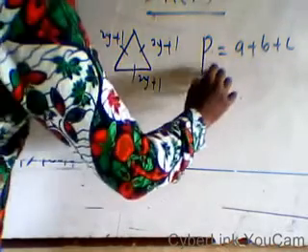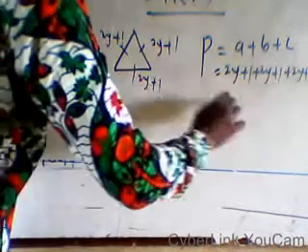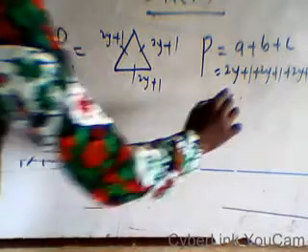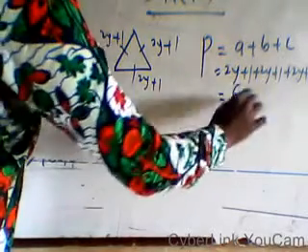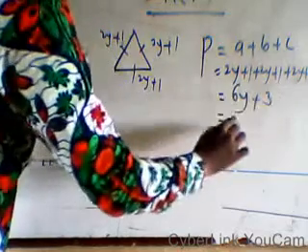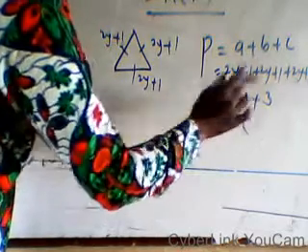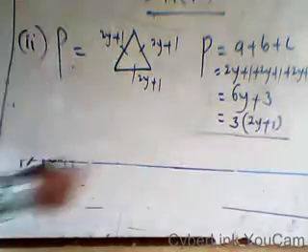We are going to have 2y plus 1 plus 2y plus 1 plus 2y plus 1. 2y plus 2y plus 2y is 6y. Then 1 plus 1 plus 1 is 3. 3 is common to both of these, so you can factorize: 3 times 2y plus 1. That's the answer.